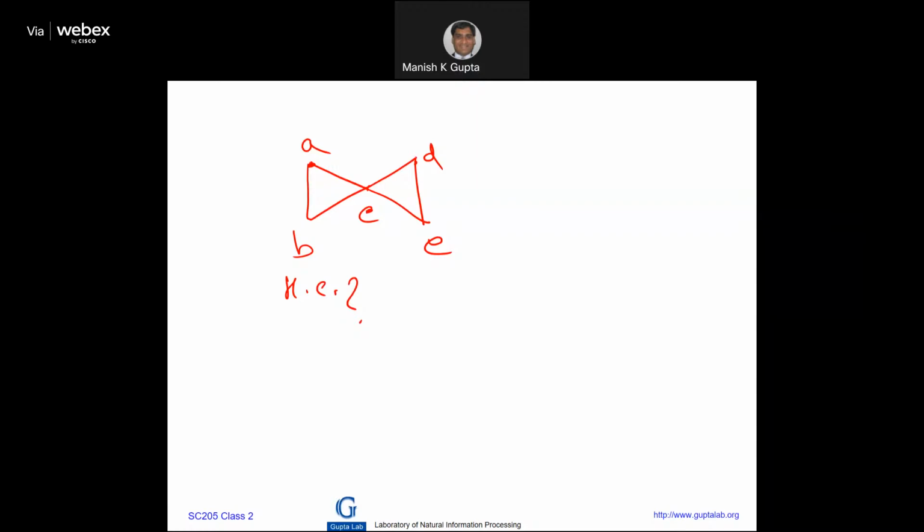You will see that it has no Hamiltonian circuit. Or if there is a graph like this, A, B, C, D, E, it also has no Hamiltonian circuit.